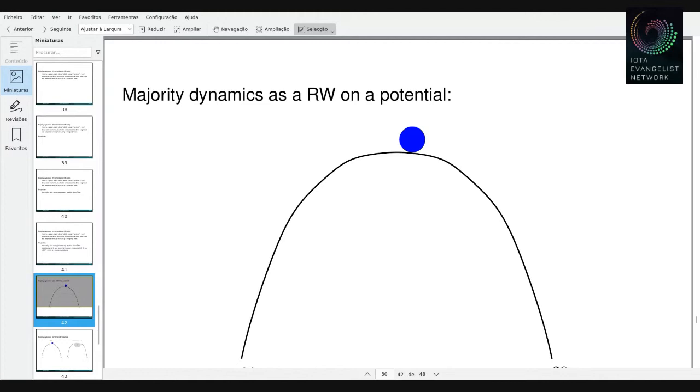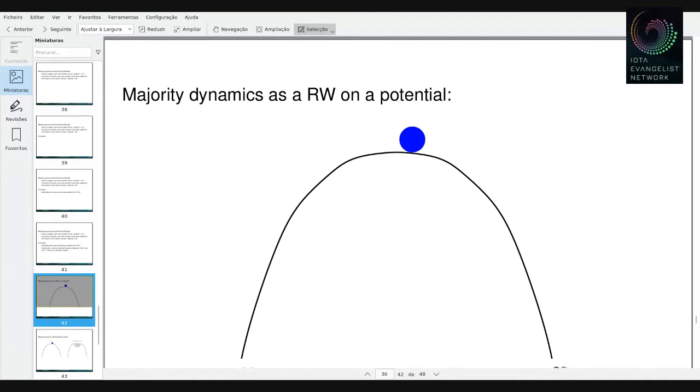So you see, when the situation is more or less 50-50, this drunken guy will fluctuate around this point, but eventually at some moment he will either go here and fall down to the 0 consensus state, or go here and then fall down to the 1 consensus state.